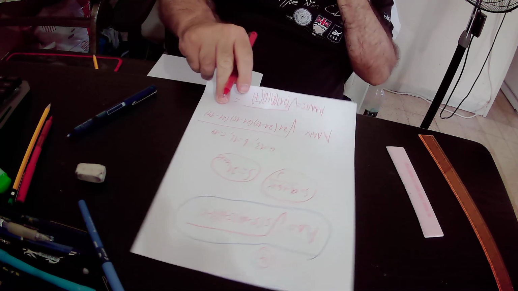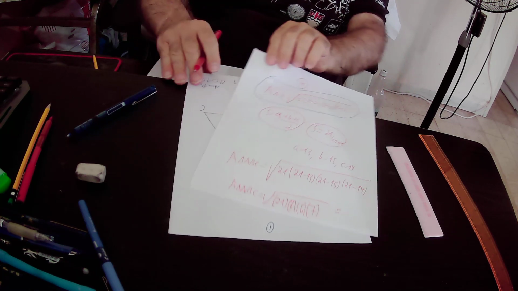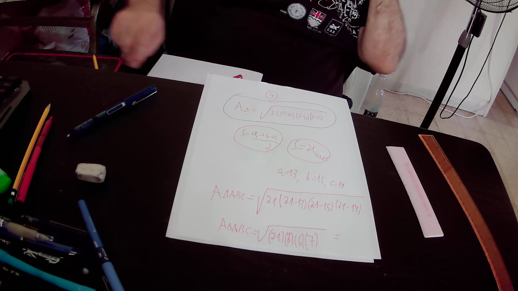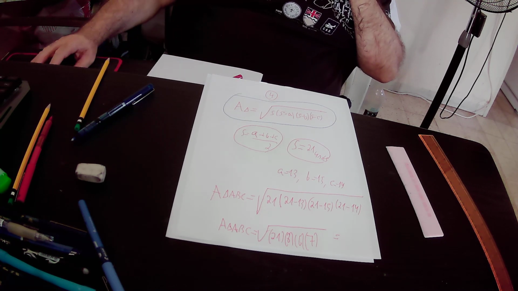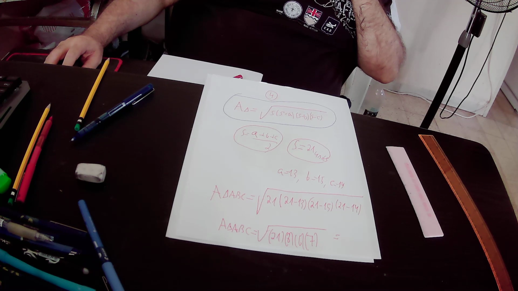Okay, so the area of triangle ABC is the root of 21 times 8 times 6 times 7, and it is actually equal to 7056.